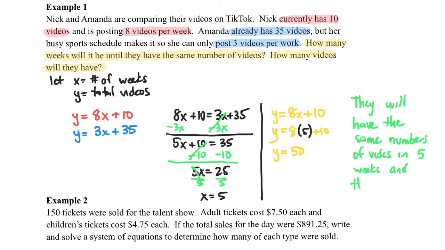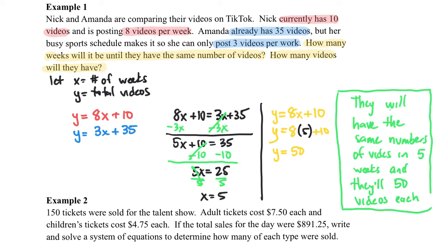And they'll have, because they asked how many videos they'll have, 50 videos each. Okay? So I wrote the system, identified what they were asking. I wrote my let statements to define my variables. I wrote my system, solved my system, wrote a sentence to answer the question.